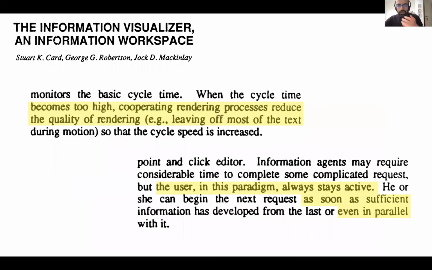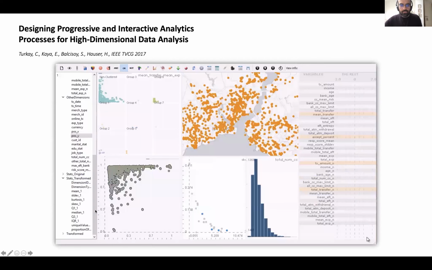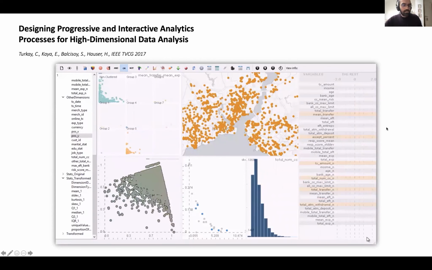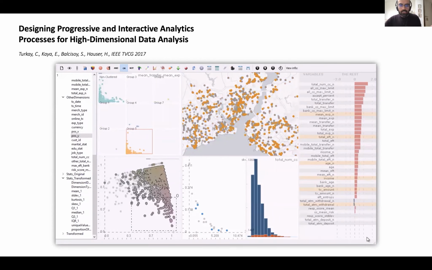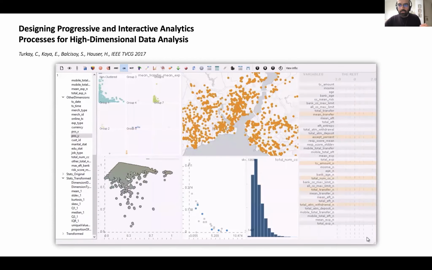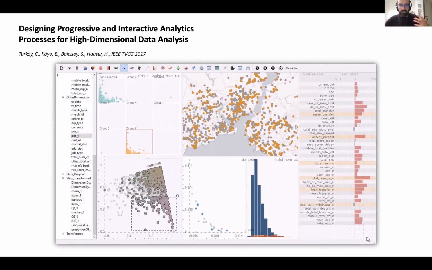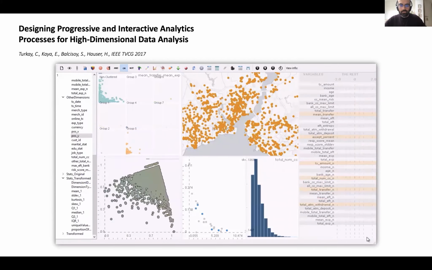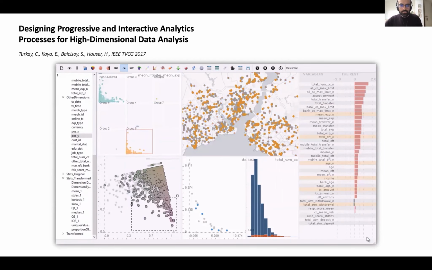What we know from some studies in early HCI is that if you have interactive interfaces like this one, where there are interactive responses coming from the system, you need to maintain a certain level of responsiveness so that your users, the people, are still able to follow, so they're not completely detached from the process.